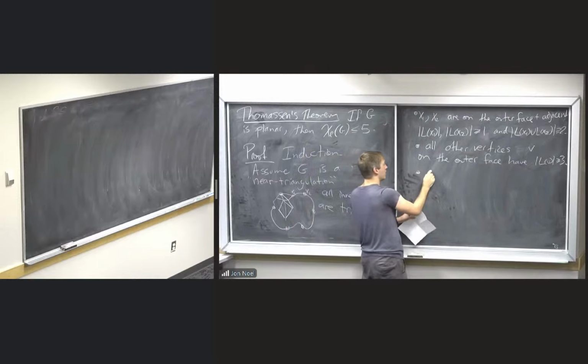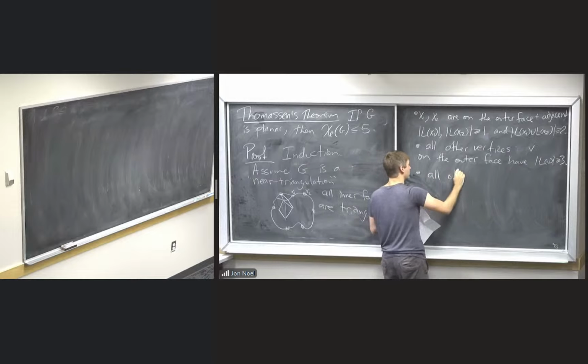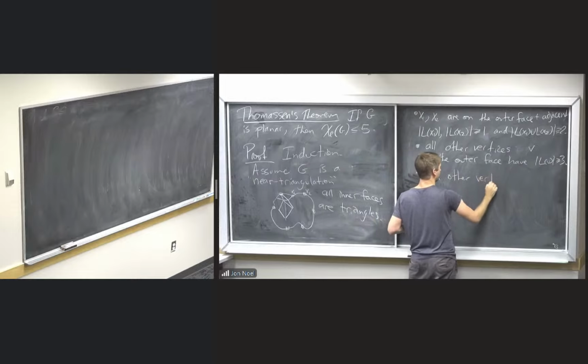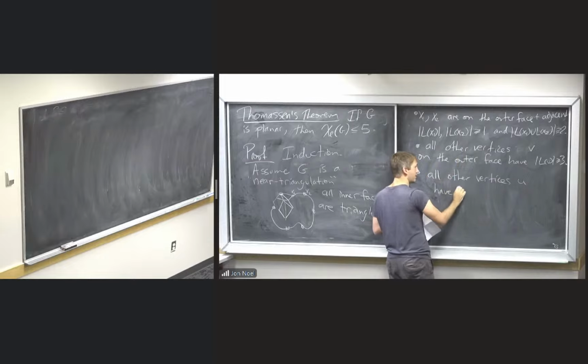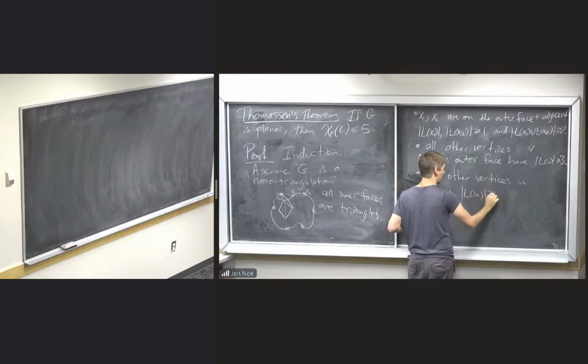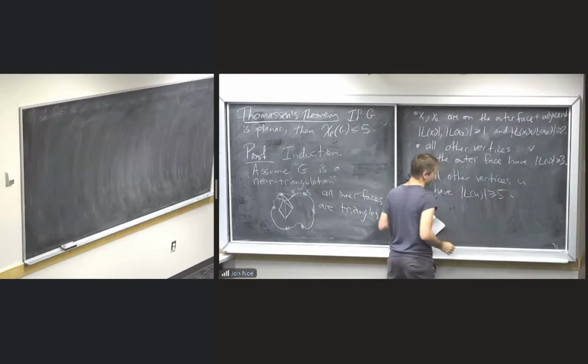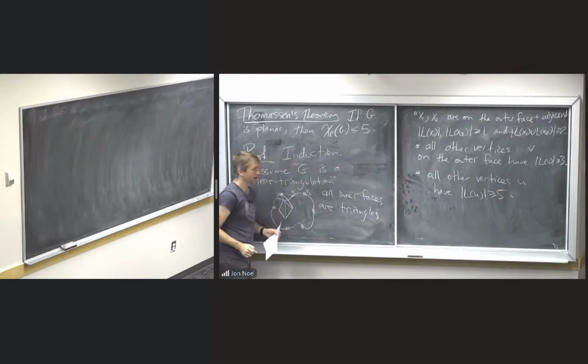So all other vertices, let's say u, have lists of size at least 5. And I want to show that even with this weaker assumption, I can still color it. And this is kind of insane, right? Why would I make it harder for myself? Why would I make the lists smaller?